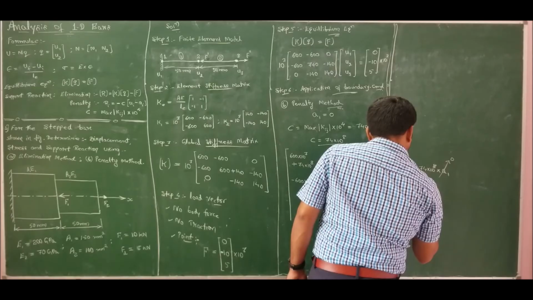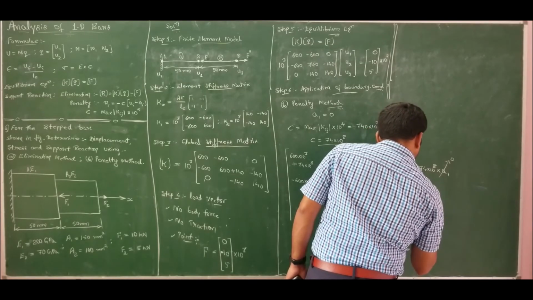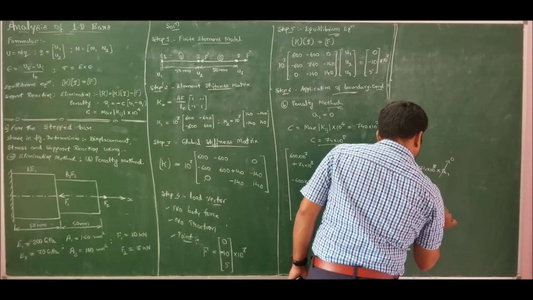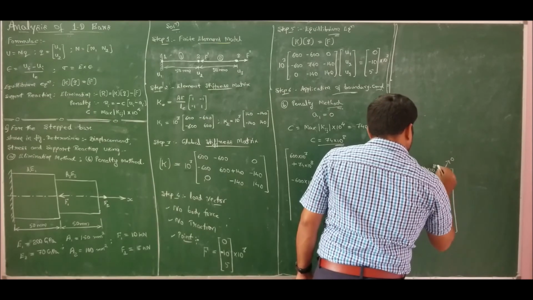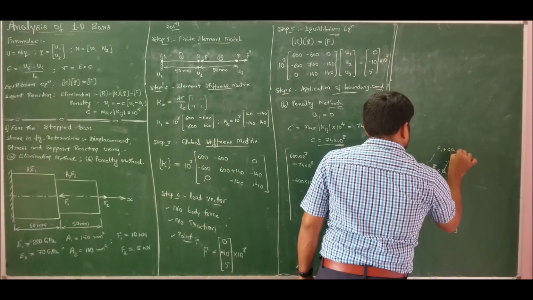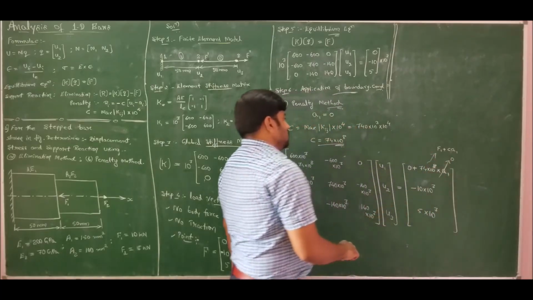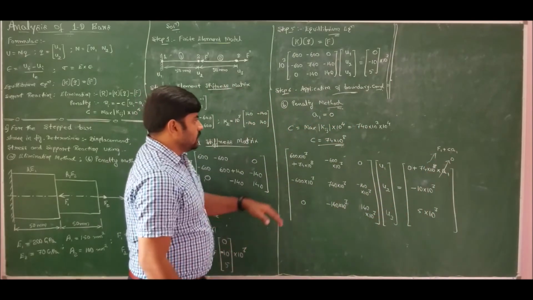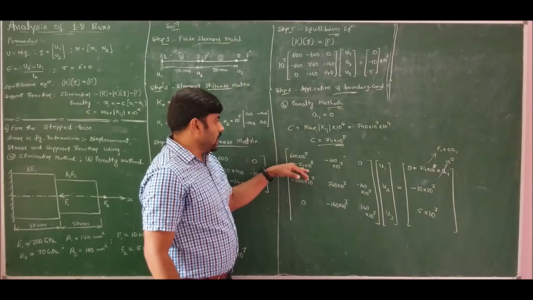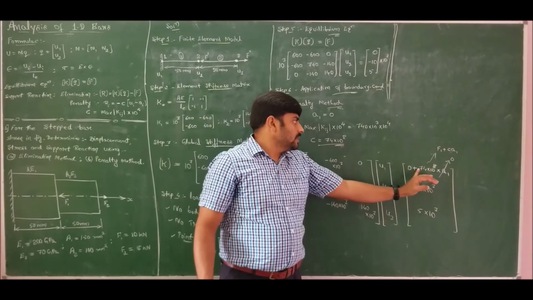At node 2 we have a load of minus 10 times 10 to the power of 3. At node 3 we have a load of plus 5 times 10 to the power of 3. So we have applied the boundary condition: for K11 we added the maximum value C, and correspondingly I added to the force at node 1 the term C A1.